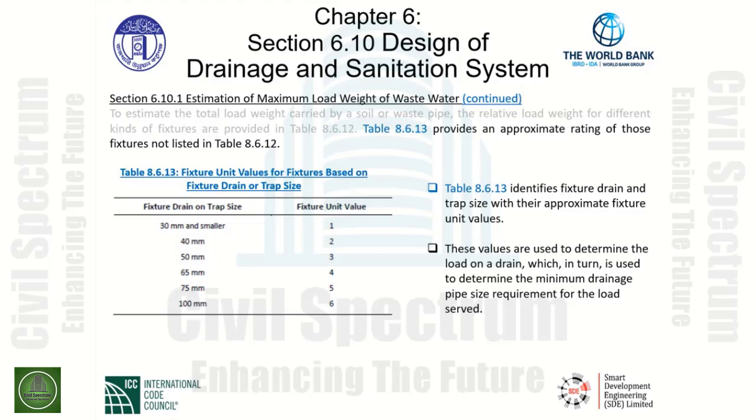These values, again, are used to determine the load on the drain, which in turn is used to determine the minimum drainage pipe size requirement for the load served. Again, this table is for fixture drains and trap sizes, giving us the demand for those particular items.